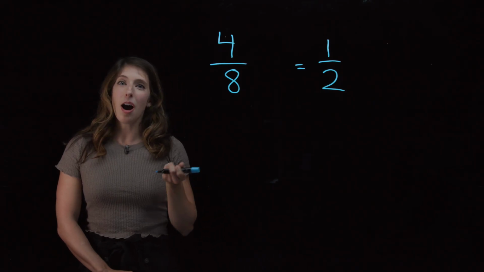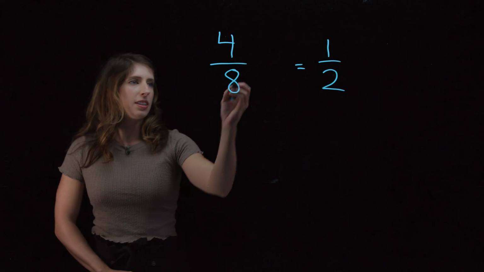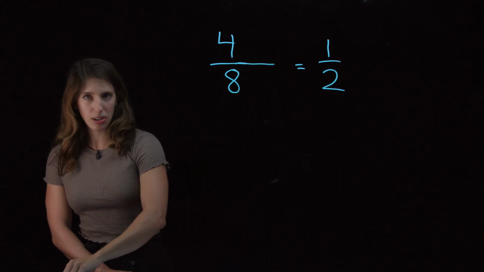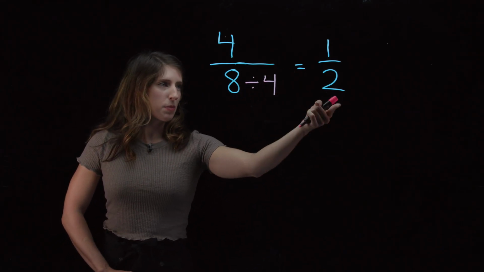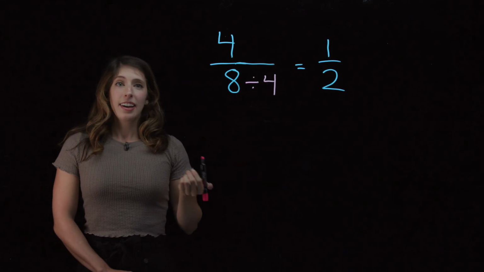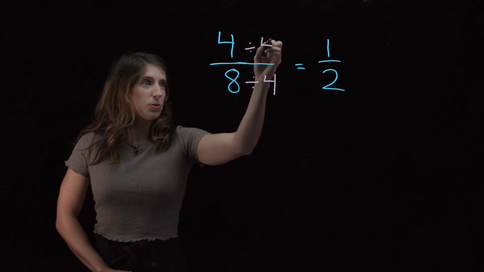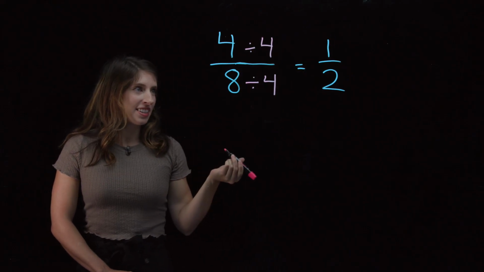So we're going to need the opposite of multiplication, which is division. What do we need to divide 8 by to get to 2? Well, 8 divided by 4 would give us our expected denominator of 2. And surprise, if we divide by 4 in the original numerator as well, we get our new numerator of 1.